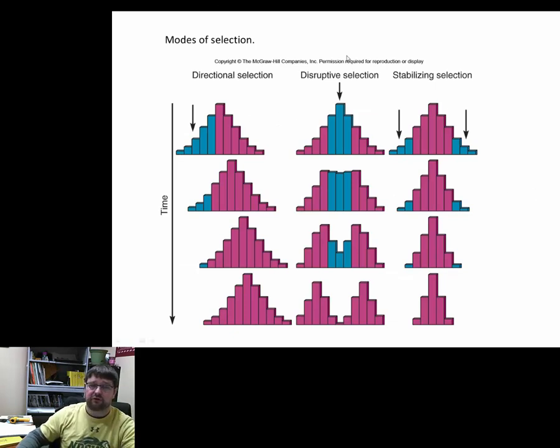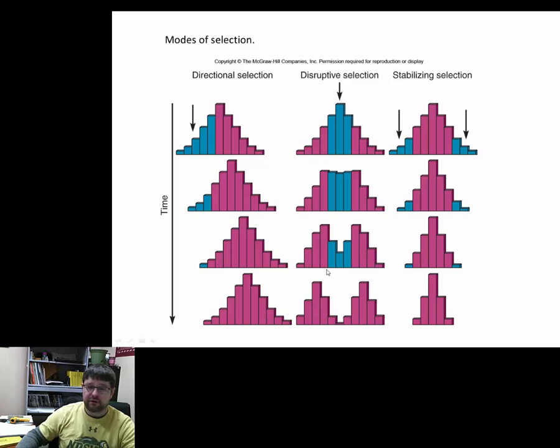All right, so natural selection. Natural selection works in three separate ways. You can have what we call directional selection, where one extreme is selected for and one is selected against, so you get a shift in one direction. Disruptive selection, where both extremes are selected for and intermediates are selected against.